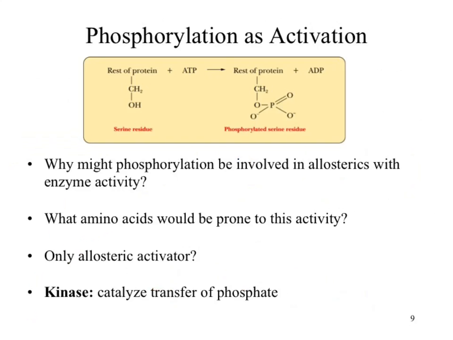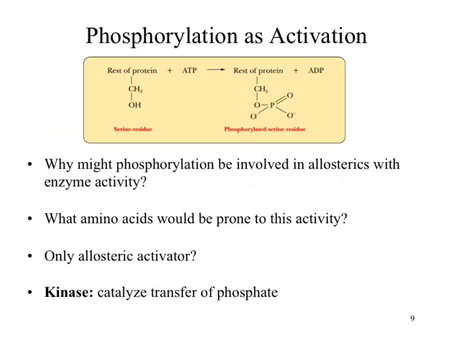You're basically having more energy put into the system? Where are we getting the phosphate from most typically? ATP. What is ATP? Energy. A source of energy. Where's that source of energy? The phosphate group. So if we're going to look at enzyme activity, putting a phosphate group on is usually a pretty good sign of that, because that's where a lot of our energy is stored.